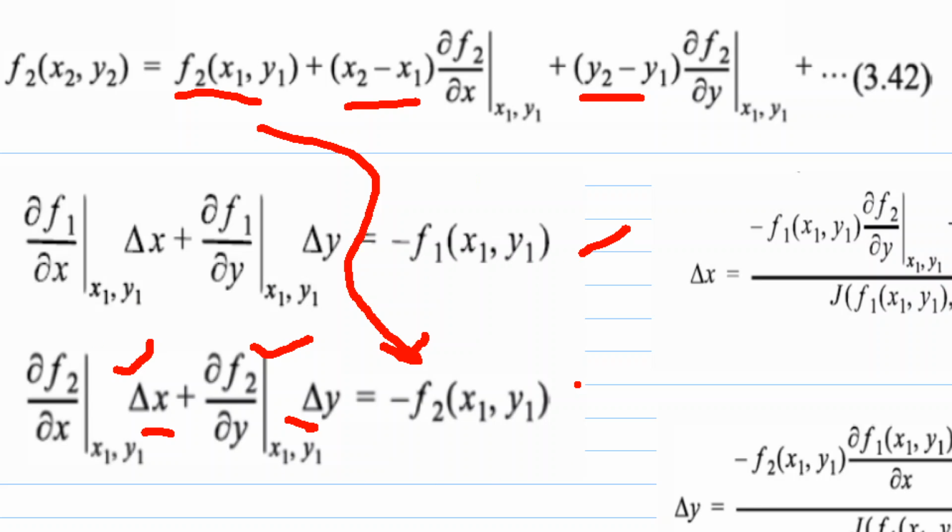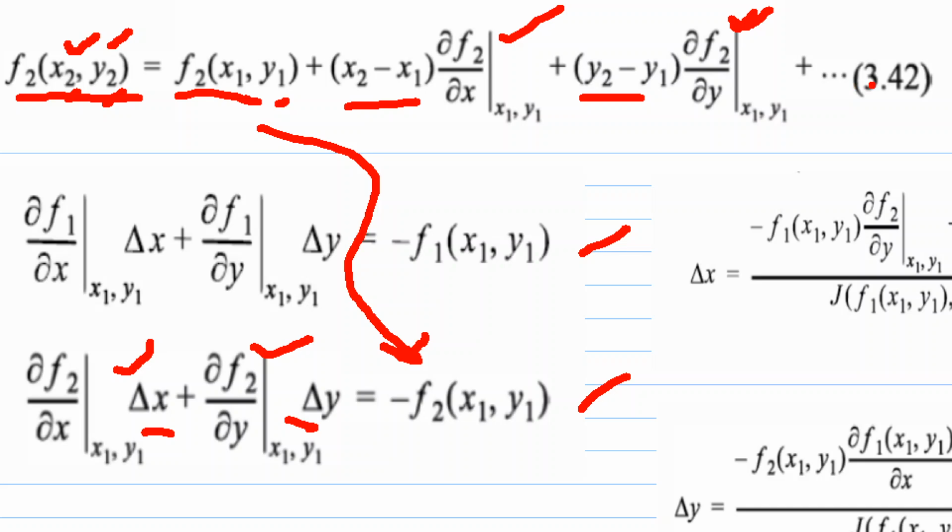Okay, so this is a two equations, two unknowns problem. Again, similar to what we did in Newton's method, we only capture the first partial derivatives of the functions. We express f2 at x2 and y2 as f2 near x1, y1, plus x2 minus x1 times the first derivative, and another first derivative because we have two variables.